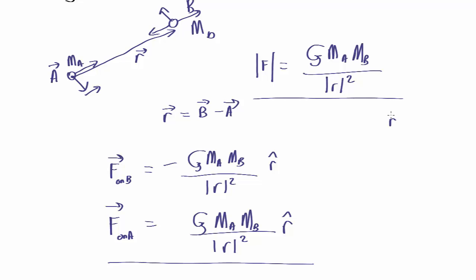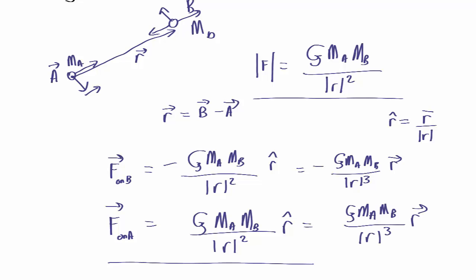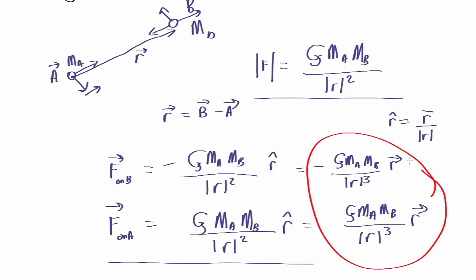We know that r hat equals r over mod r. So if we substitute that in, it equals minus G m_a m_b over mod r cubed times r. And it's now the vector r, not the unit vector r. And similarly down here. So you can see, as you'd hope, that these two forces are equal and opposite, so that it agrees with Newton's third law.